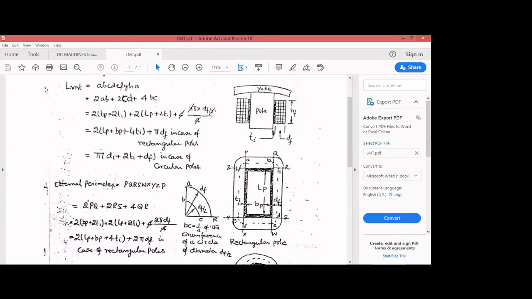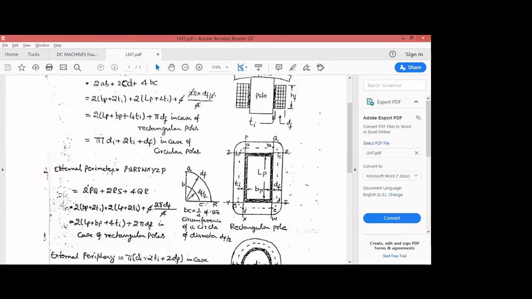In a similar way lengthwise, we get 2 LP, this length and this length, and 2 insulation, this TI and TI, and 4 BC. 4 BC is one quarter of a circle, so 4 into BC, for the 4 parts here: 1, 2, 3, 4. 4 into BC.